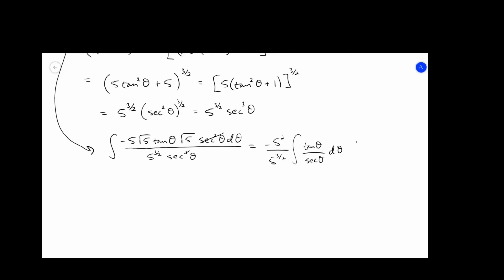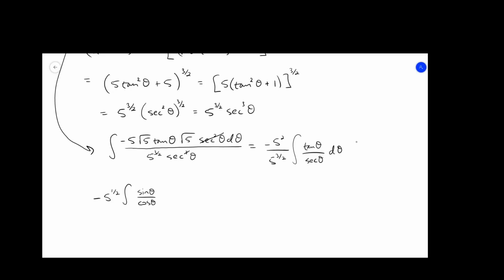Now, the reason I wanted to write this as 5 squared over 5 to the 3 halves is because now we can take advantage of properties of exponents and write that as 5 to the 1/2 power. 2 minus 3 halves is 1/2, or just square root of 5 if you want. I'll change it to that in a second. Tangent we can write as sine over cosine.